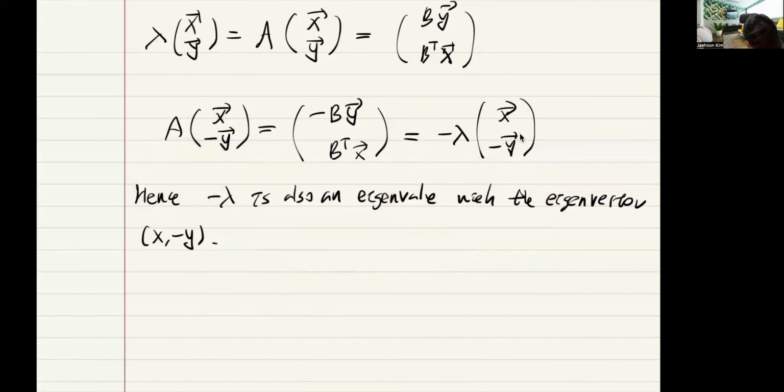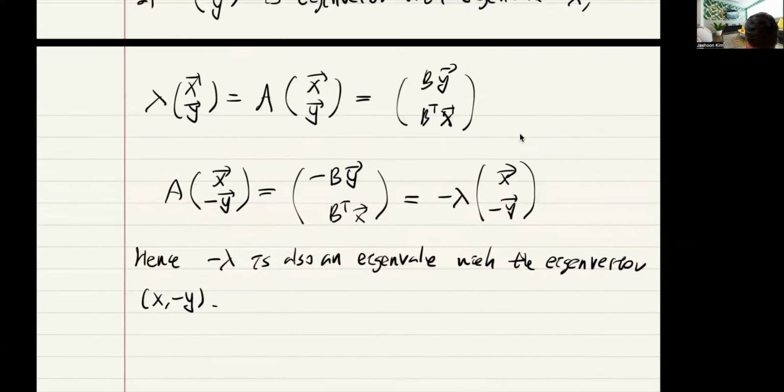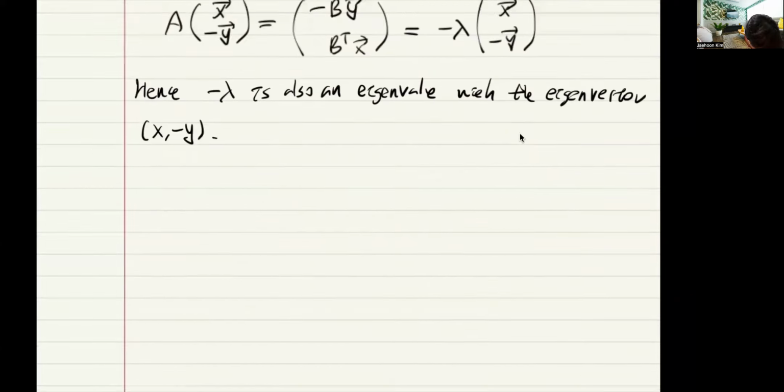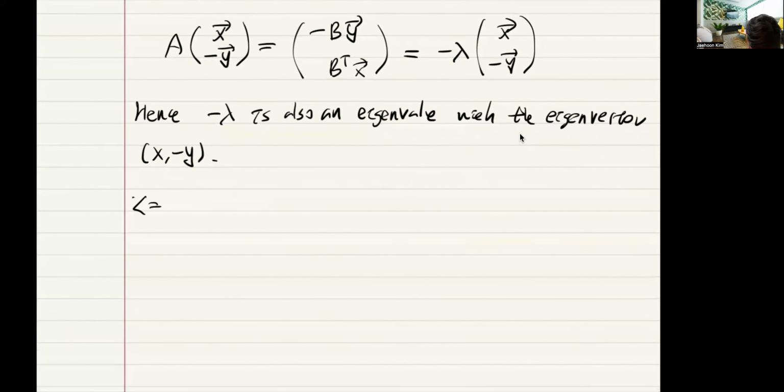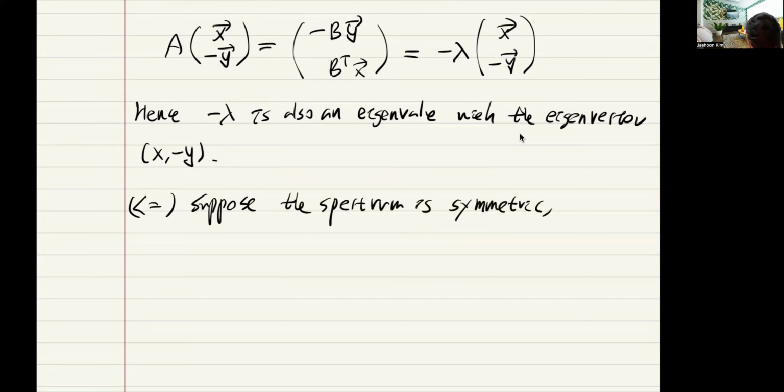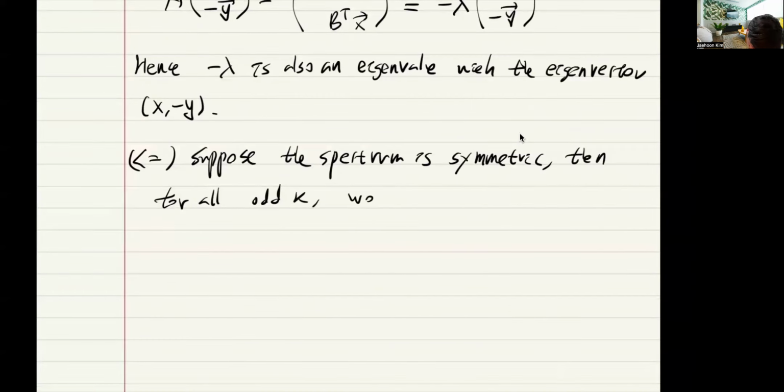So this shows this direction. And for the other direction, if the spectrum is symmetric, then for all odd k, we have that the summation of the k-th power of lambda i is 0, because they cancel out.